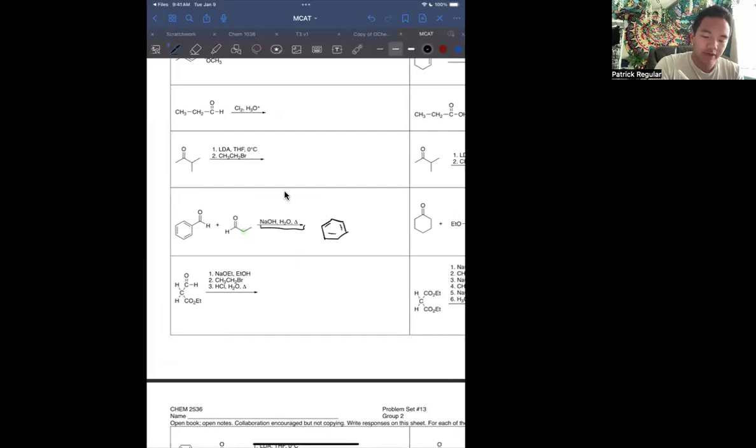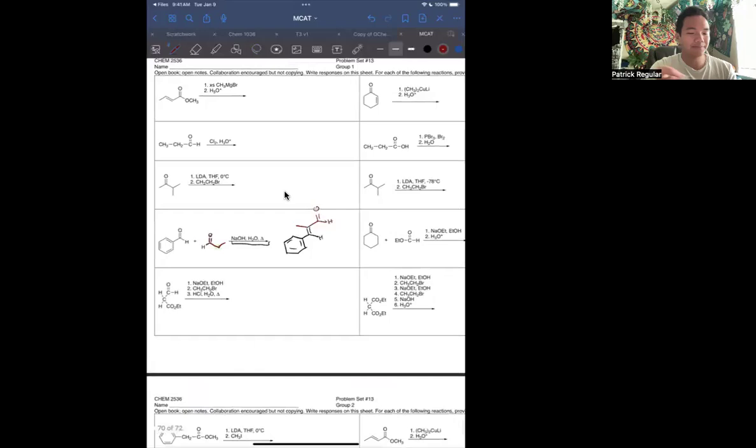Draw our electrophile, but instead of that O, let's just stick this entire portion on. There you go. And that's your answer. It was that easy. Crazy, right?